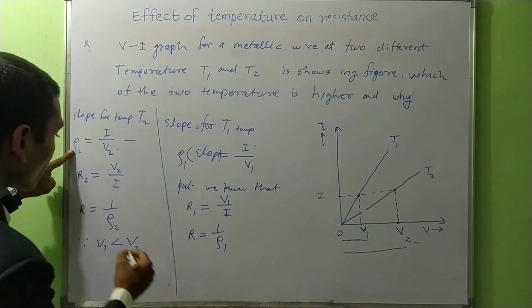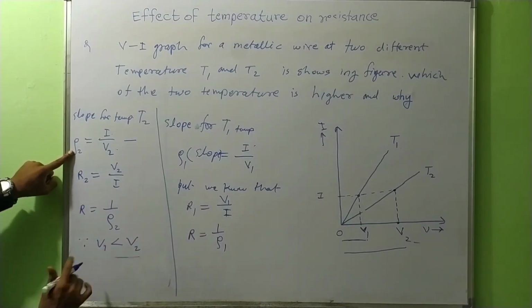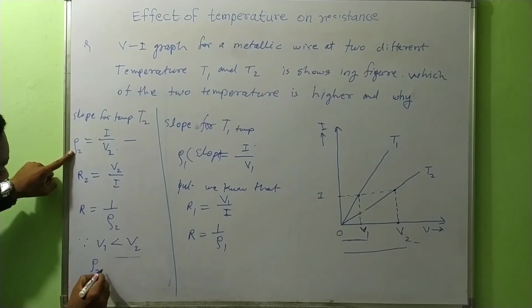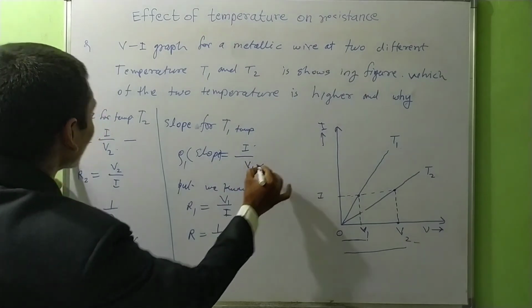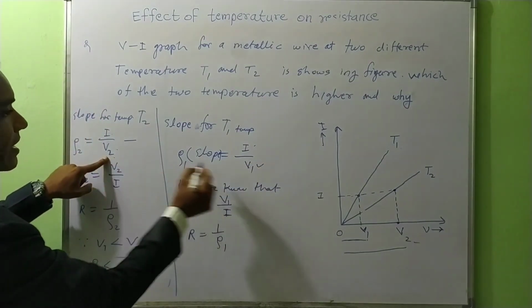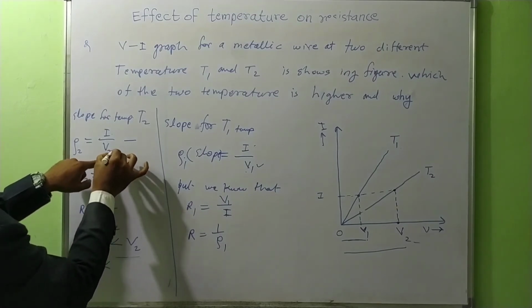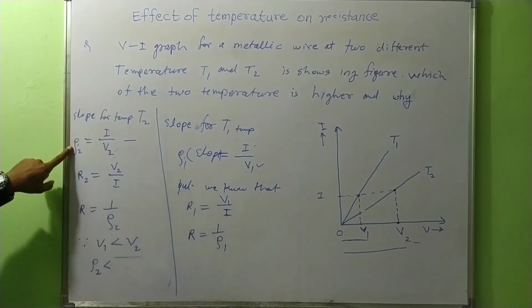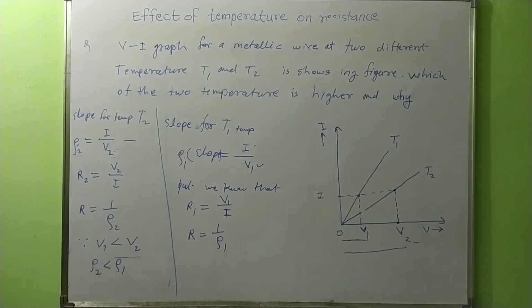Okay, means for this condition rho 2 will decrease. Because V1 is less, it will increase, and because V2 is greater, it will decrease. So rho 2 will be less than rho 1.